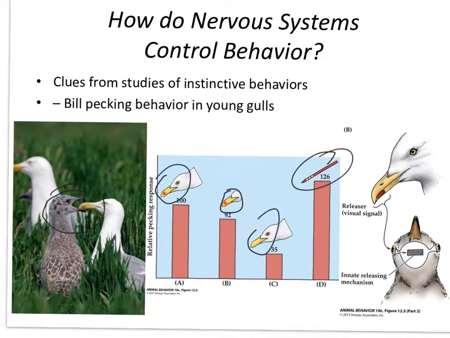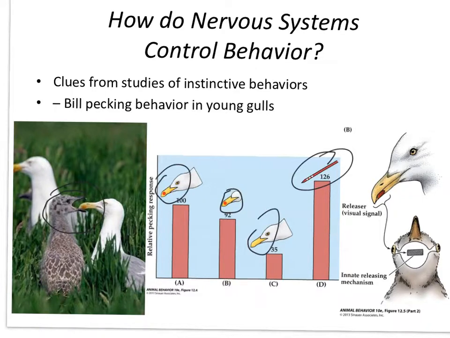And in terms of the nervous system, what kind of a cue is it? It's a visual cue, right? So the baby sees the red spot. That sends a signal to its brain. It doesn't even have to understand. It doesn't understand anything. It sees that signal.